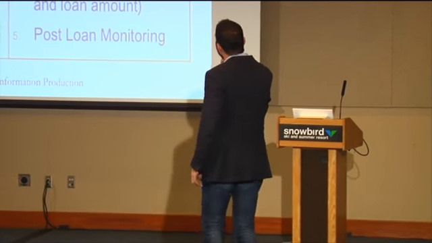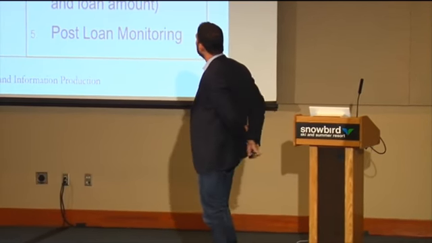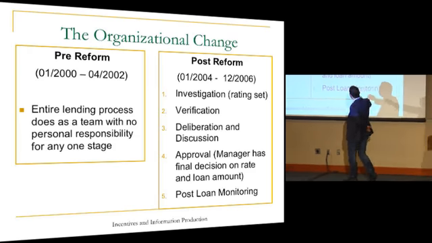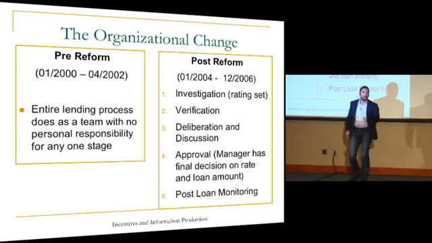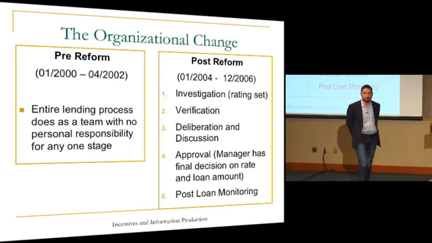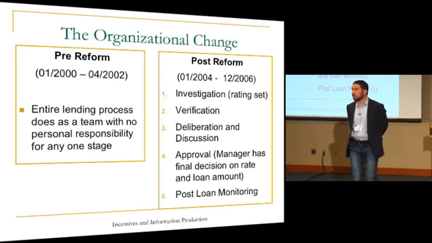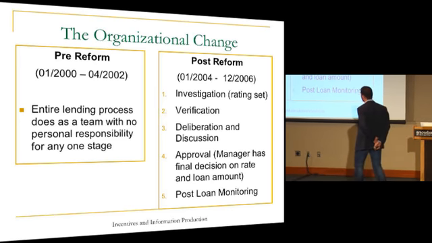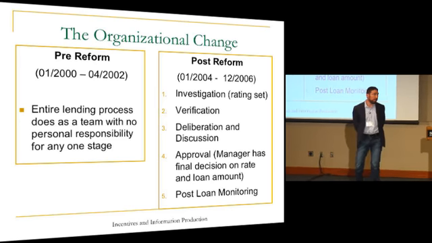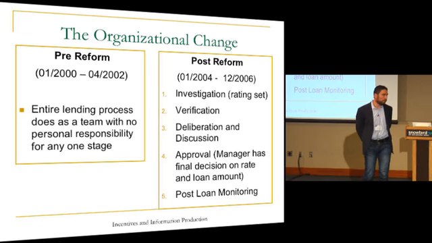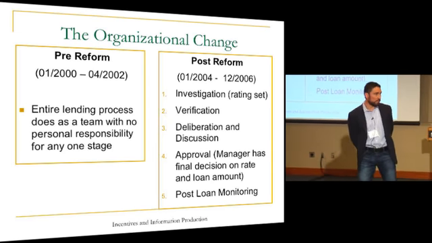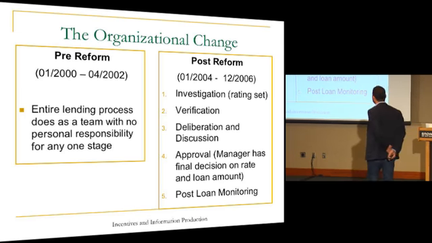Let's understand what exactly the change was. In the post-reform period, the lending process was broken into 5 steps. There was one officer in charge of what's called investigation, who meets with the client, prepares an initial report, and assigns the rating. Essentially, we'll think of them as the agent.